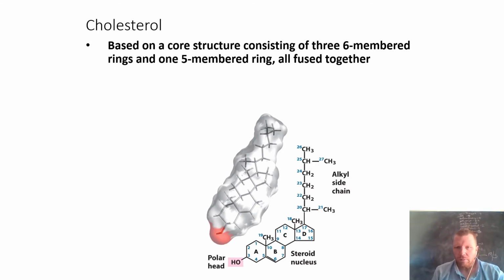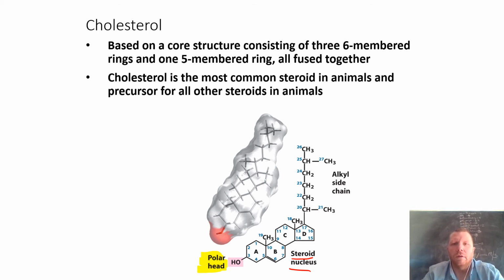Cholesterols can have a polar head group, and they can have different variations on that polar head group. We've got a steroid classification for this molecule, and cholesterol is the most common steroid in animals and the precursor for all other steroids in animals.